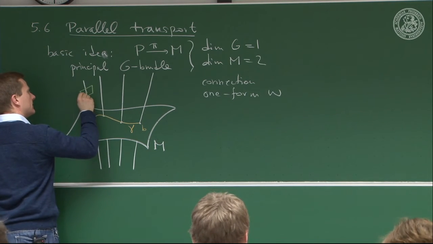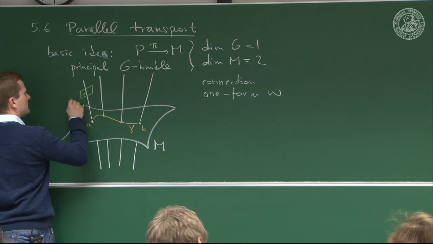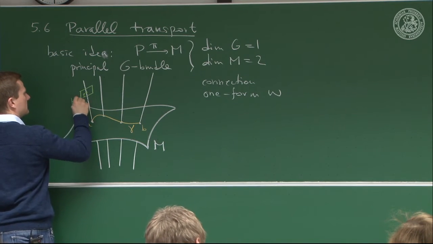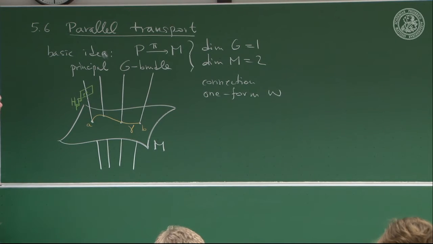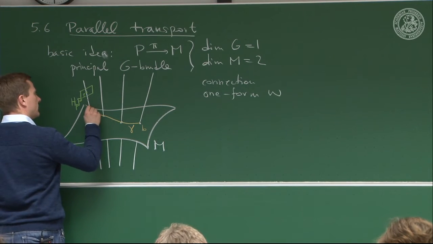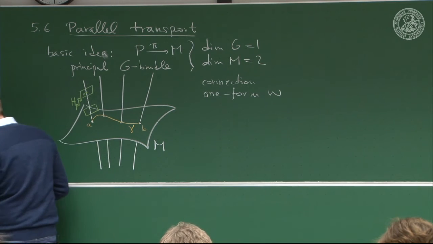So if this is the point P in the fiber, then this green guy is the horizontal space at this point. But of course, at other points in this fiber, there are other horizontal spaces.